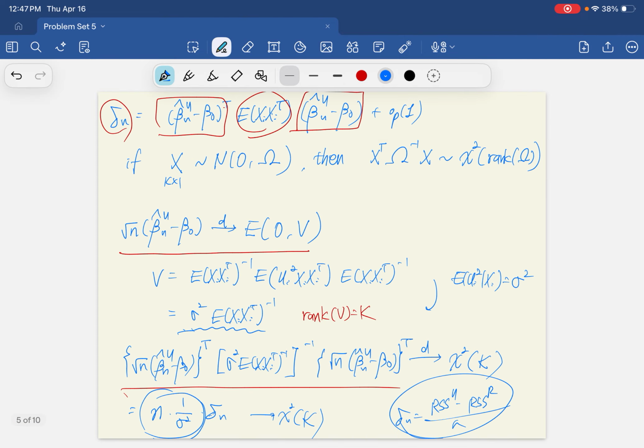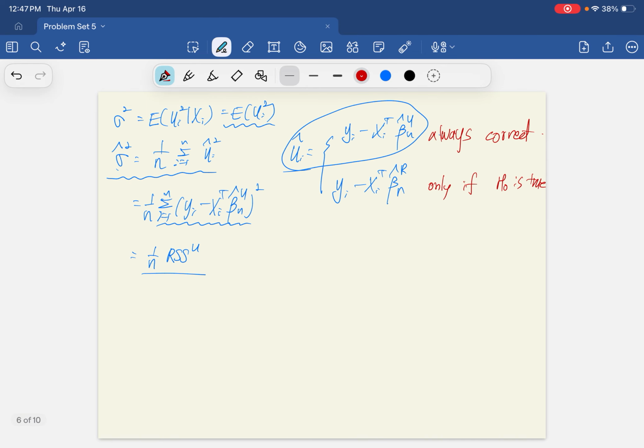Okay, now let's go back to this. What we derived earlier is that sigma hat squared in the denominator times n times delta n will converge to chi-square k, right?